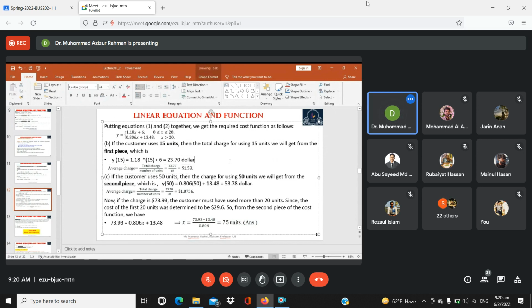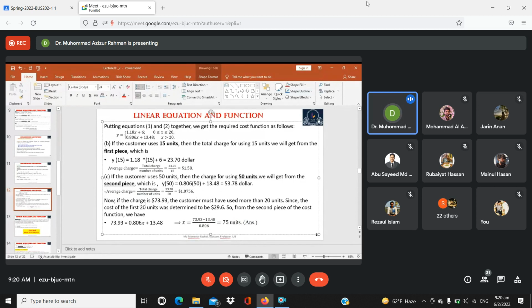Similarly, now if the customer is using 50 units, then we have to use the second equation, and you divide this by 50, you will get the average price.